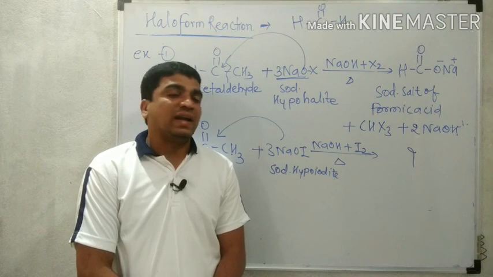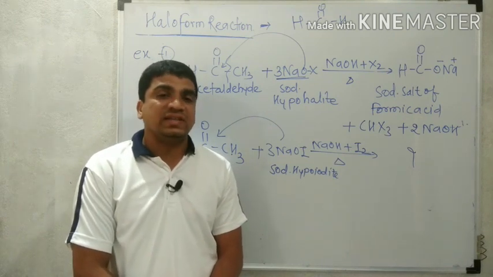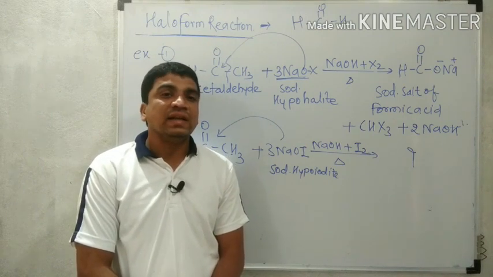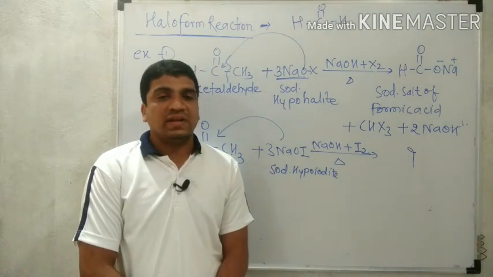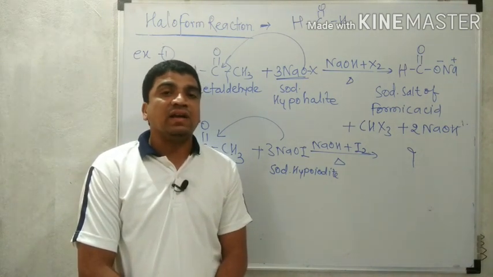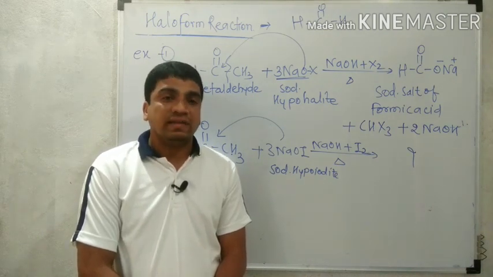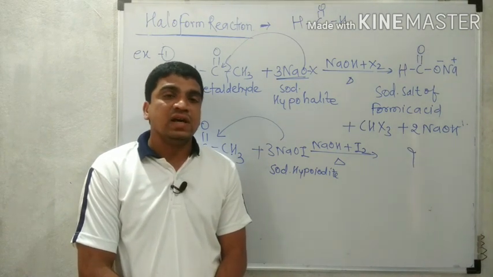And now the fourth class of reaction of aldehyde and ketone is the oxidation reaction. After that, only two important reactions remain: aldol condensation and the Cannizzaro reaction. These two reactions we will discuss in the next video.